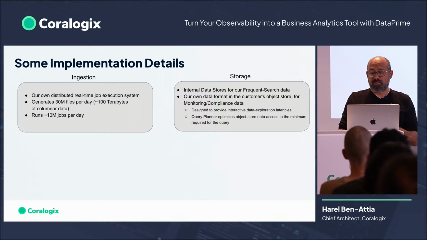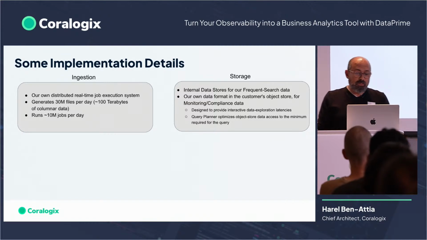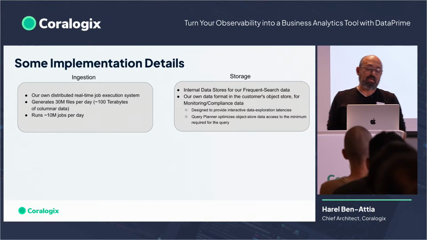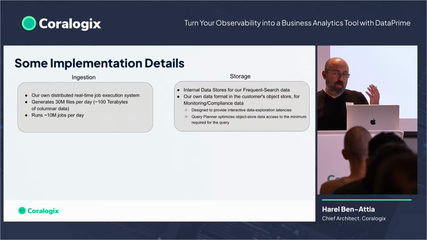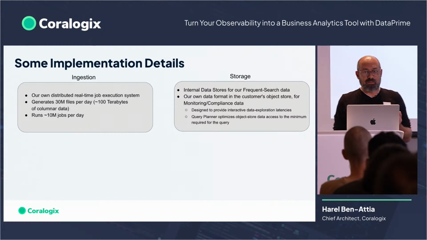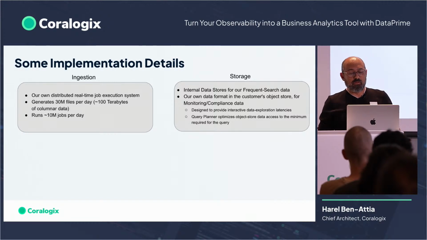The team has done an amazing job. Storage, like we said, is 2-layer storage: internal data stores for our frequent search data, our own data format, and the customer object store for monitoring and compliance. This is specifically designed, and we are working on it gradually and continuously, to provide interactive data exploration latencies.